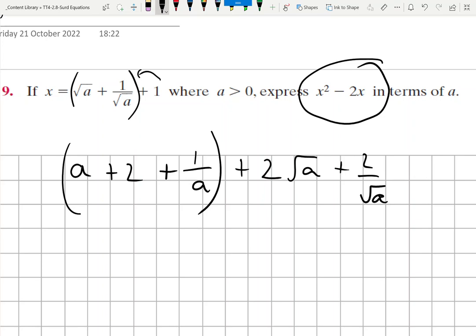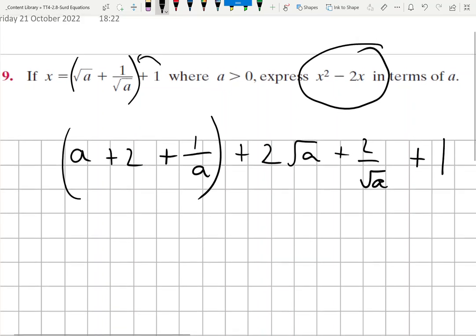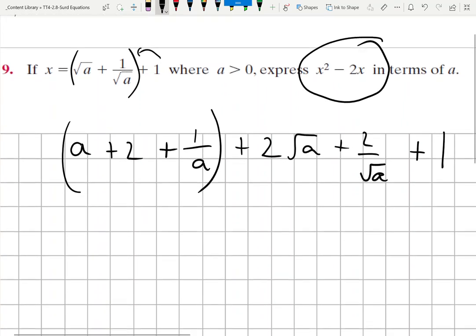Now we have the last bit squared, which is 1. Now that's just x squared, done. We have to subtract 2 of them. So just need a little bit of patience here for tidying up. I'm looking for like terms, which there are hardly any of anyway. So let's just wait for the cleanup until we have everything in one place.